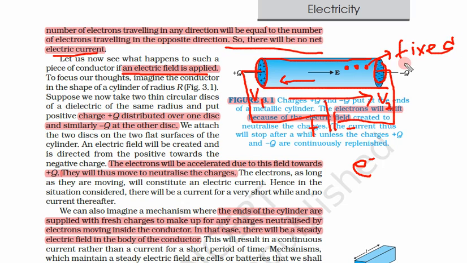So the current is coming only due to movement of electrons. Since electrons are moving towards left side, ions are remaining on the right side. So right side is becoming positive, left side is becoming negative.